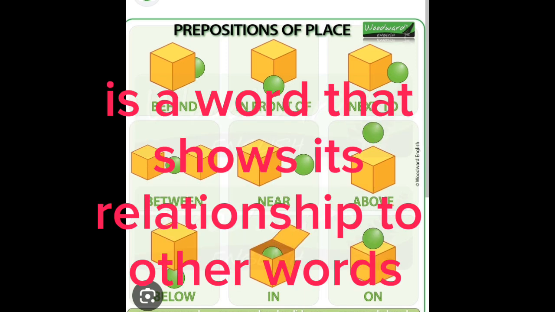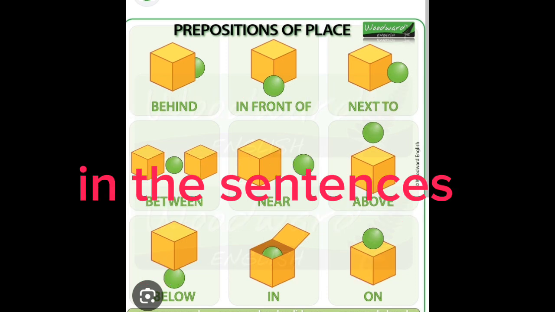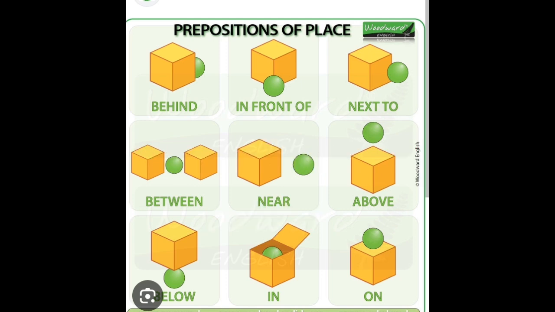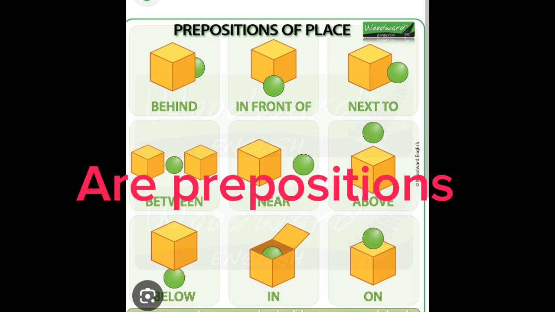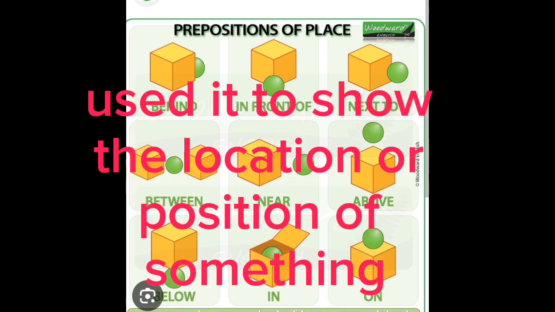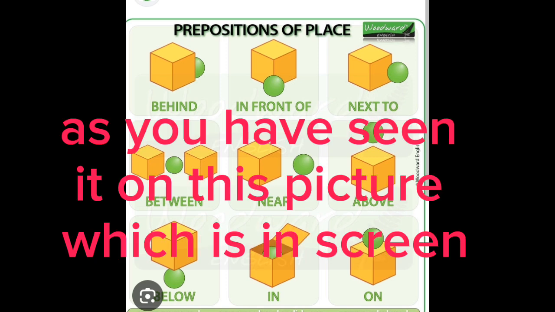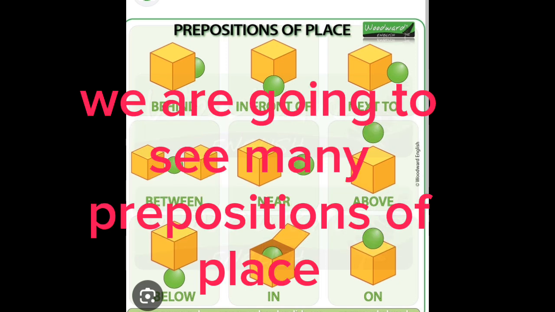A preposition is a word that shows its relationship to other words in the sentence. Prepositions of place are prepositions used to show the location or position of something or someone in relation to other objects. As you have seen on this picture on the screen, we are going to see many prepositions of place.